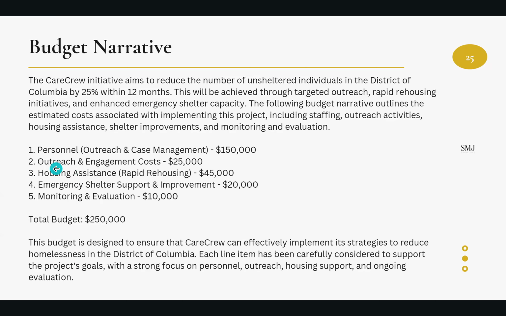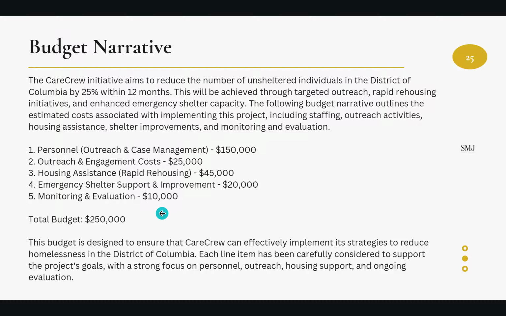We talk about outreach and engagement. We also talk about housing assistance that may be needed to help this population. We also budgeted for emergency shelter support and improvement. And for this client, they also created a line item for monitoring and evaluation.